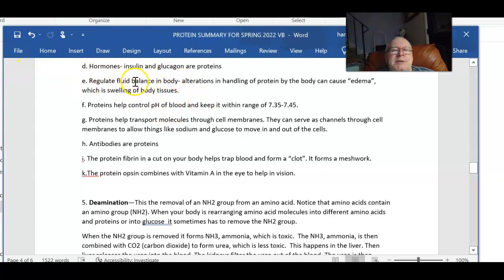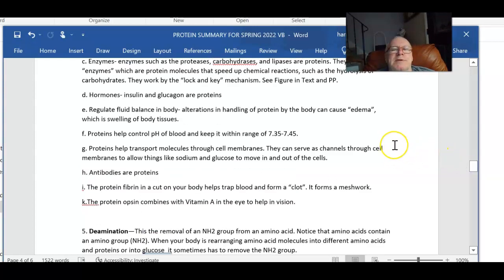We'll look at some pictures maybe in class of some cases of poor handling of protein that causes swelling of body tissues. Especially in some people that don't get enough food, people that are starving can wind up with big bloated bellies and things like that because the water balance in their body is not right and they have edema or swelling in certain parts of their body.